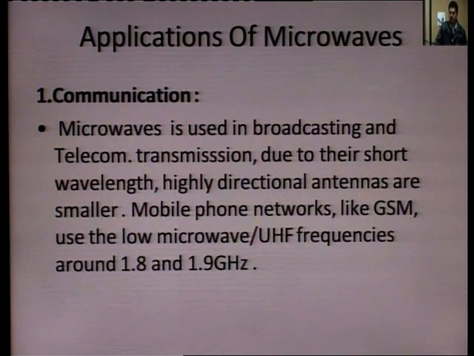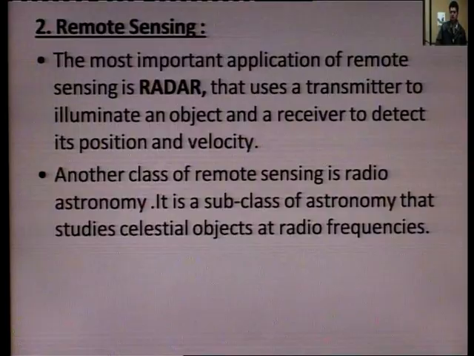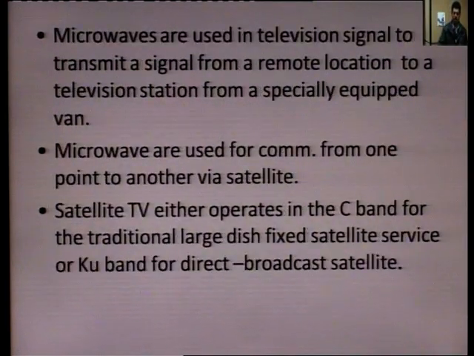Microwaves are widely used in mobile phone networks like GSM. However, the frequency range of GSM is a little bit lower than that, around 1.8 to 1.9 gigahertz. Microwave is also used in television to transmit a signal from a remote location to the television station from a specially equipped van.